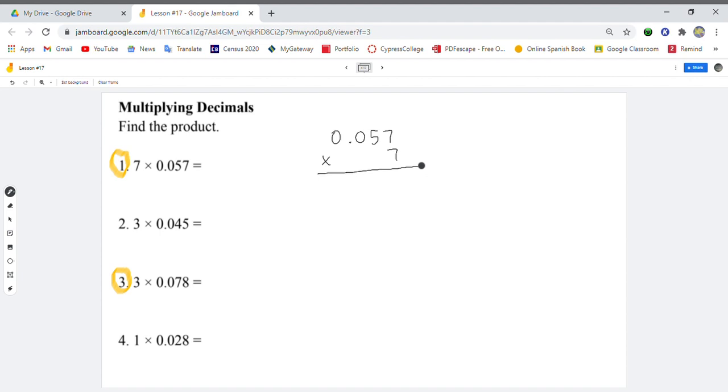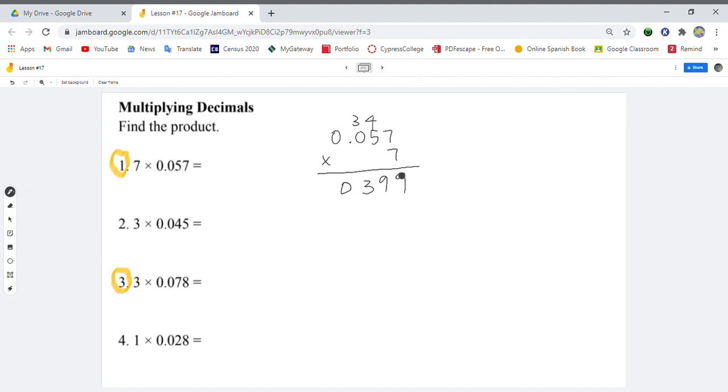Just multiply normally, and we're going to consider the decimal point after we multiply. So 7 times 7 is 49. So 49 here. 7 times 5 is 35 plus 4, which is 39. Next is 7 times 0, which is 0, plus 3, which is 3. And then 7 times 0 is just 0.